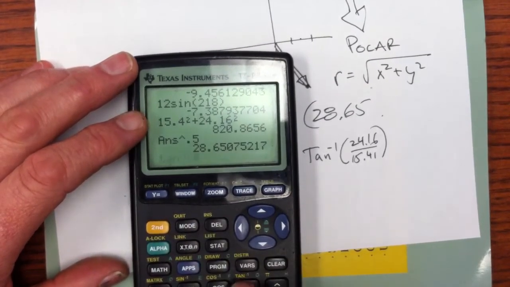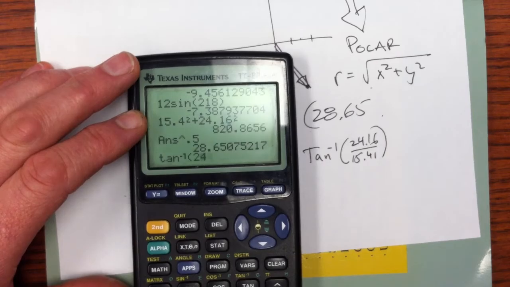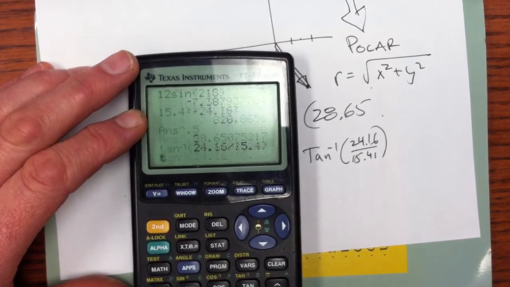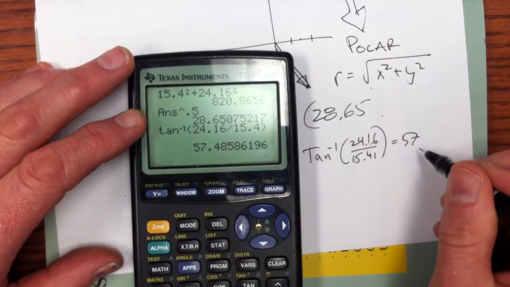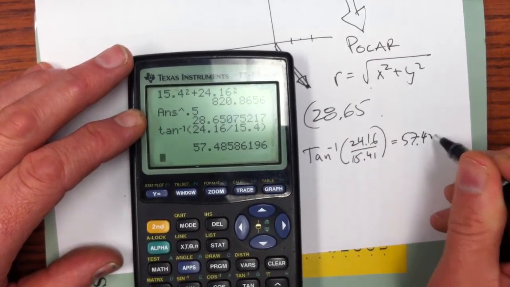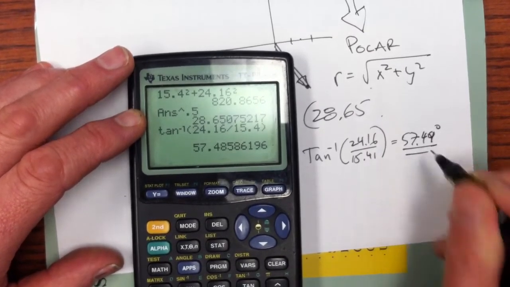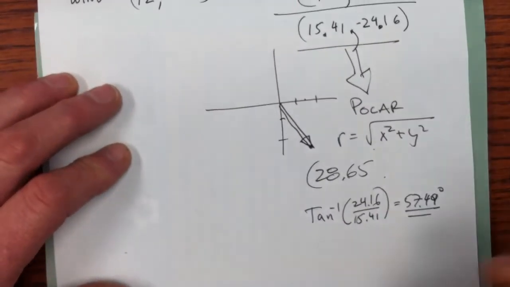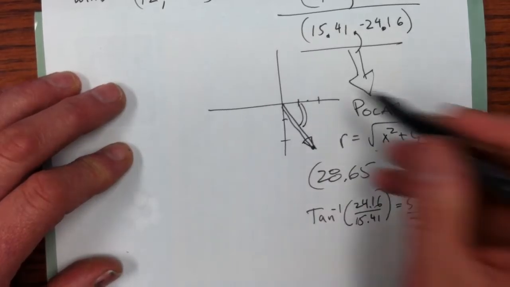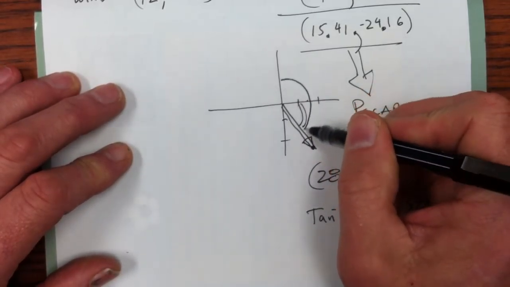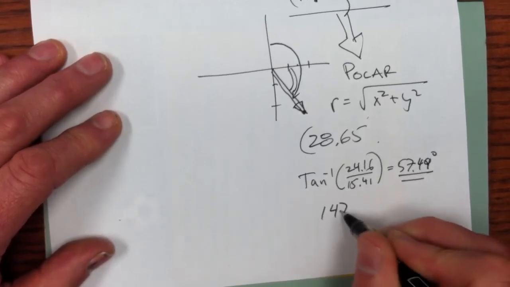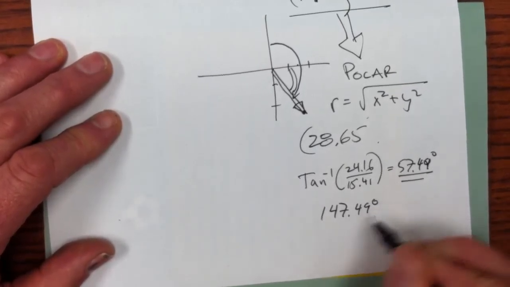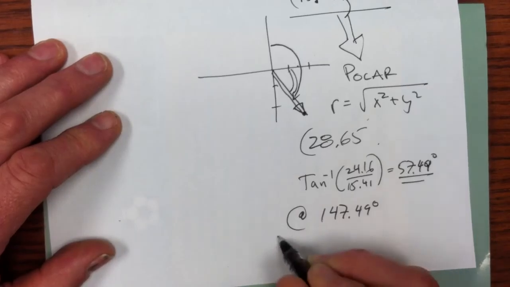So second tan, and 24.16 divided by 15.41 gives me an angle of 57.49 degrees. Well, that is this angle right here. So my bearing then is going to be 90 plus that. So when I add 90 to that, I get 147.49 degrees. That's my bearing.